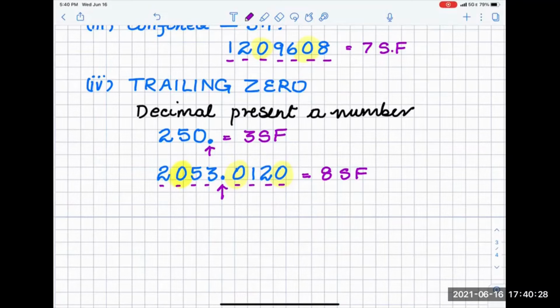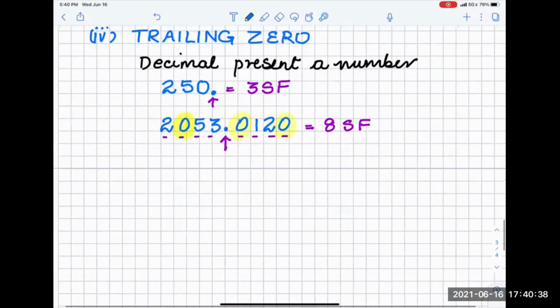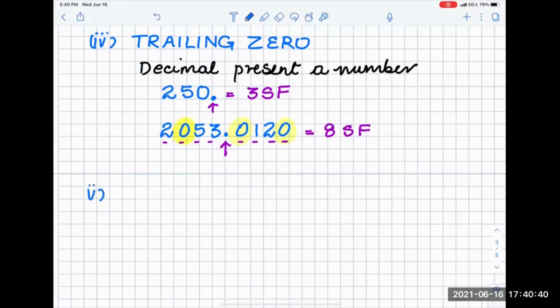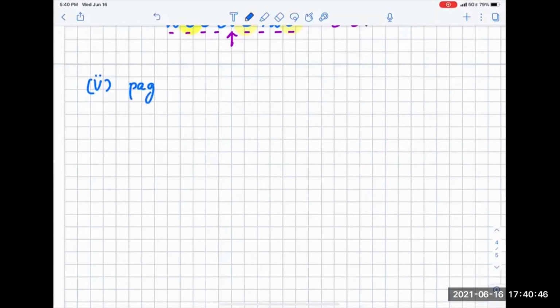Okay. Now, this is the part where I disagree with your book, that the trailing zeros... so be flexible here. In other words, just think outside the box. Here they are saying in your book on page 31, and this is part B of significant figures.